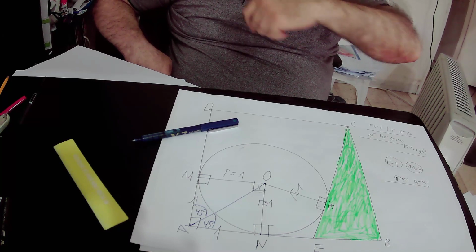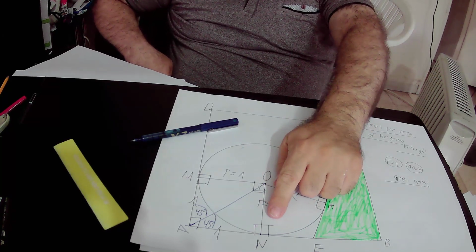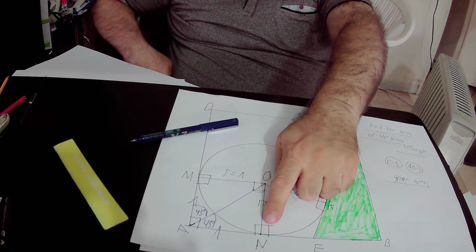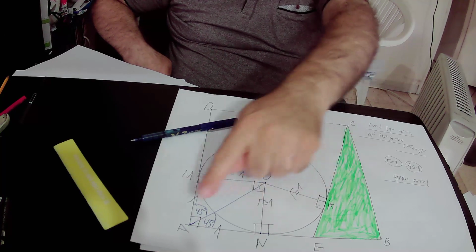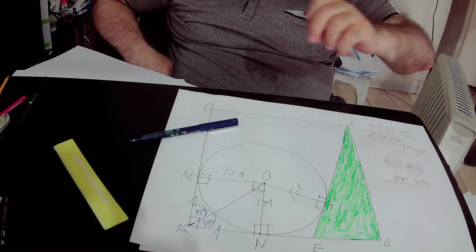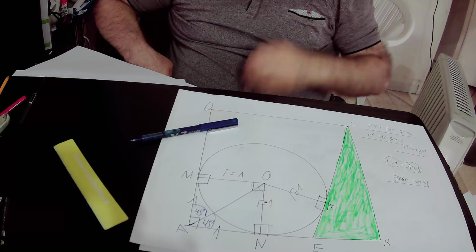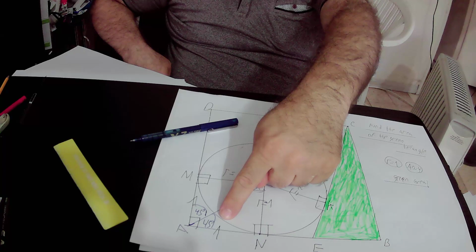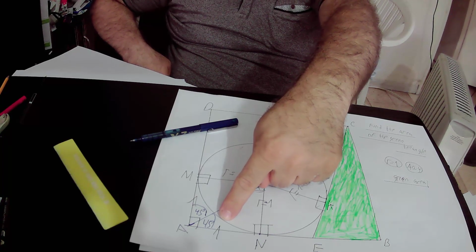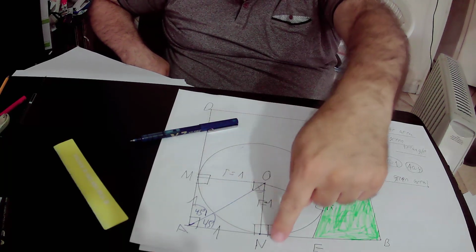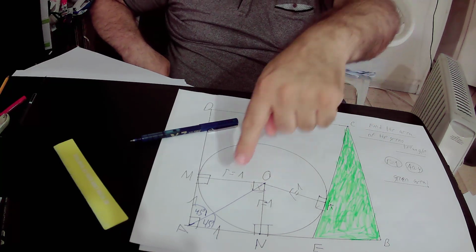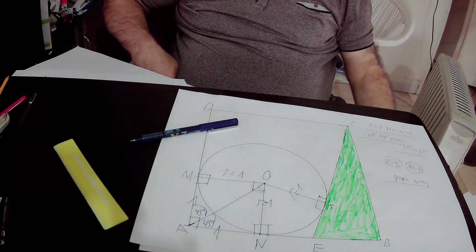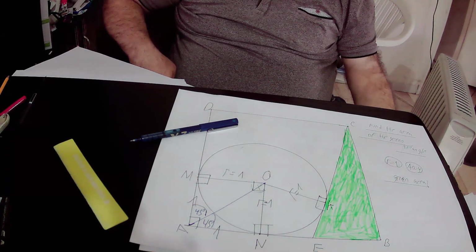Why? Because point N is located on AB, and the points A, N and B are located on one straight line. Therefore, it doesn't matter whether you call this angle OAN or OAB, anyway, it will be equal to 45 degrees.